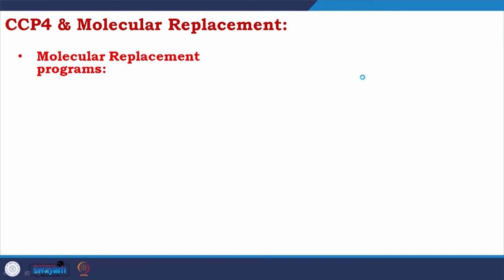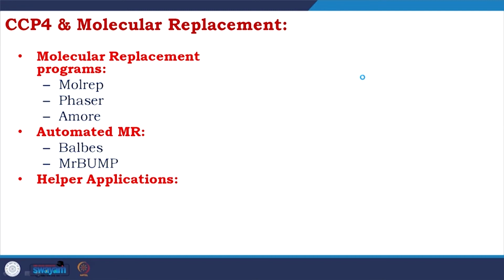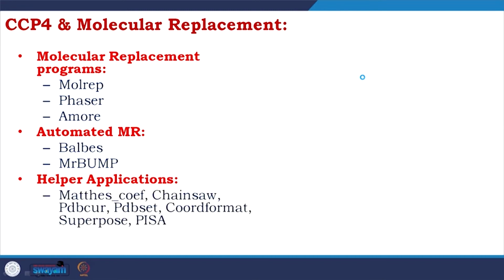So, CCP4 and molecular replacement. There are molecular replacement programs: MolRep, Phaser, Amore, automated MR, BALBES, Mr. Bump. Helper applications, a lot of them, I am just talking about some. Matthews, remember to know the number of molecules, Matthews coefficient.